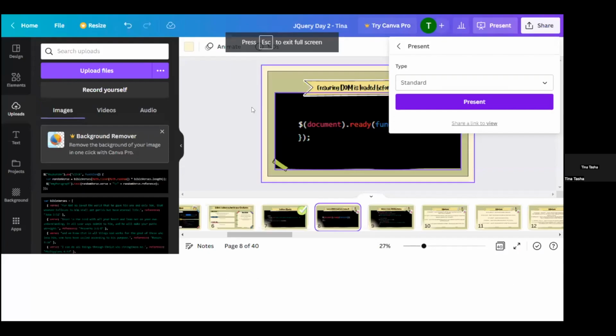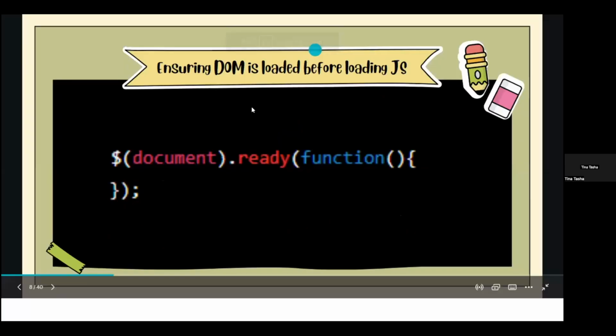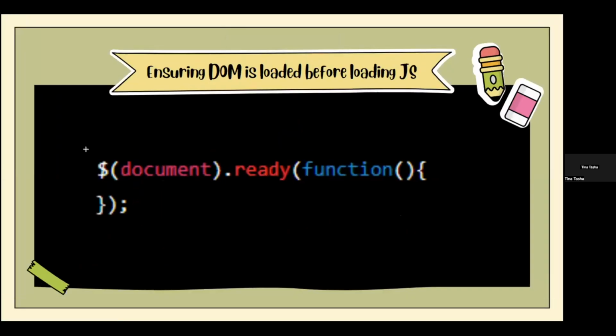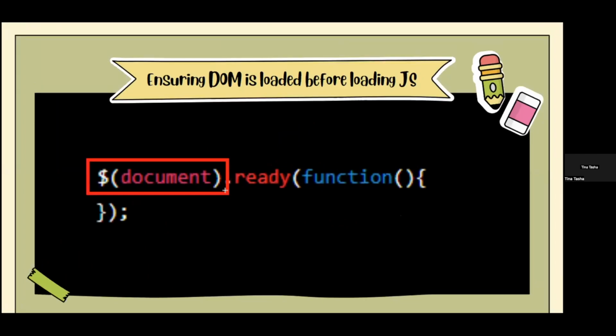So let's break down this code slowly. Hannah, what do we call this part of the code? Is it a selector? Is it an event? Is it an identifier? Or is it an action? Event. No. So it's a selector. It's selecting the document. Do you see that? Yeah.